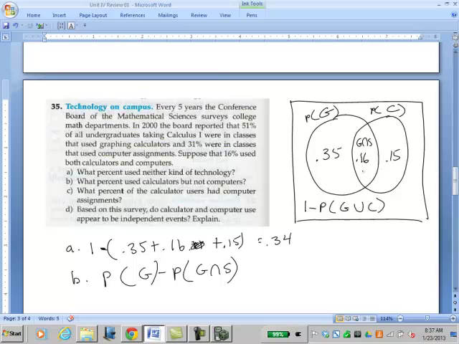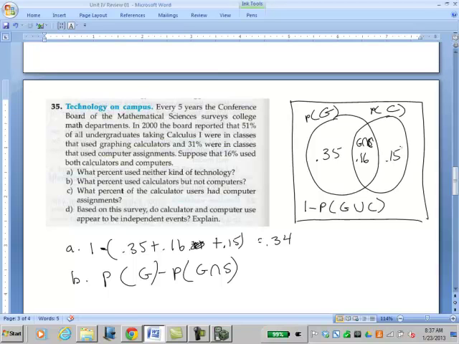Don't worry about overlap with these three pieces, because nowhere here is written 0.51 or 0.31. This number here is the probability using a graphing calculator and not a computer. This is the probability using both.